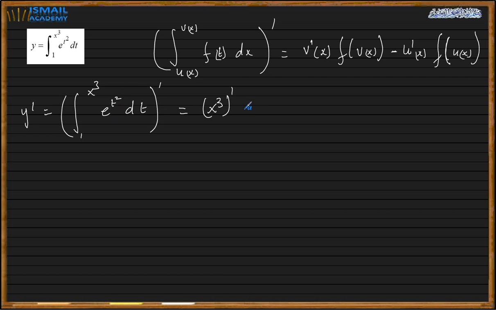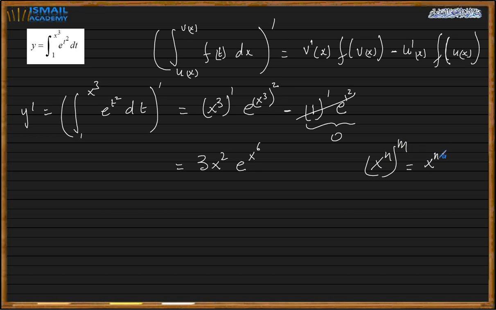So you see it's going to be e to the x cubed square, minus 1 prime e to the 1 square. We know that 1 prime is 0, so this will be gone. So what's left is 3x squared e to the x to the power 6, because x to the n, we multiply the exponent. So this will be your answer.